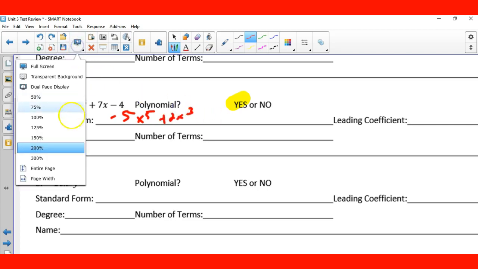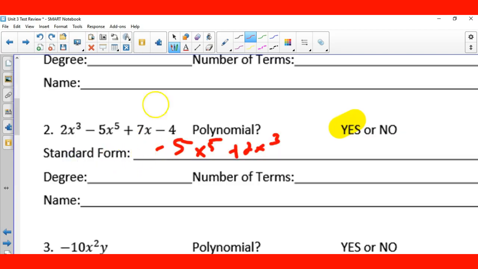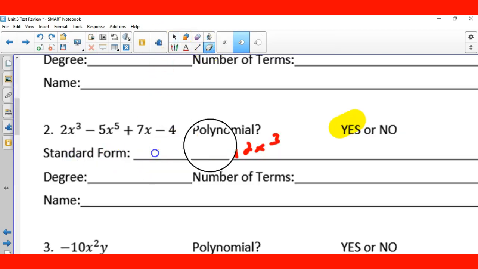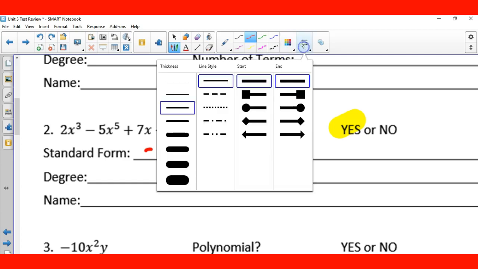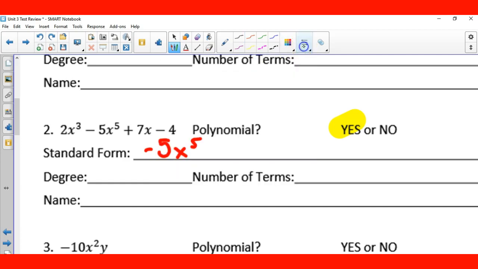Let me make this bigger so I have more space to write. Negative 5x to the 5th plus 2x cubed plus 7x minus 4.